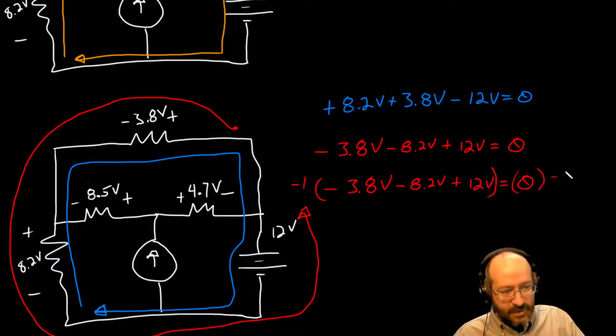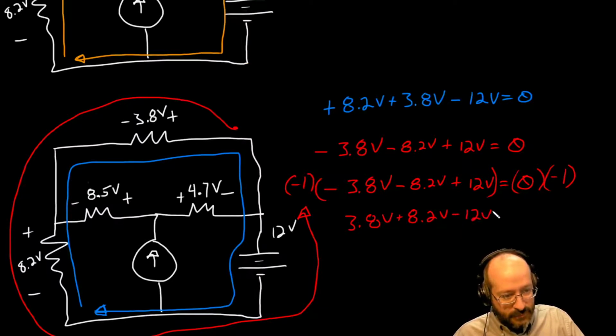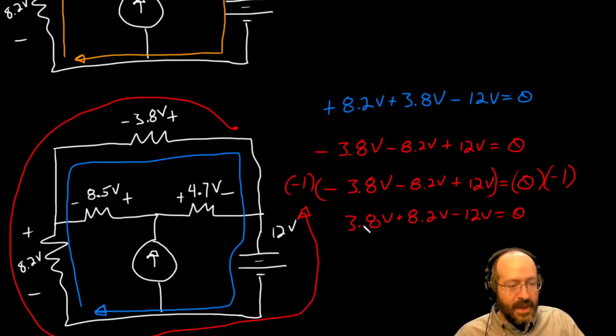And that's -1 times 0, that's rather boring. Okay, and I can distribute that, and I get positive 3.8 volts plus 8.2 volts minus 12 volts equals still 0. And other than these 2 terms being switched, now my signs line up.